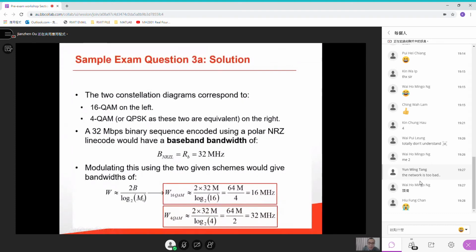For instance, for 16 QAM, M is equal to 16, and for 4 QAM or 4 PSK, M is equal to 4. So once you know M and B, you straight away know the bandwidth for the modulations. It's testing your understanding of the difference between baseband bandwidth and modulation bandwidth.